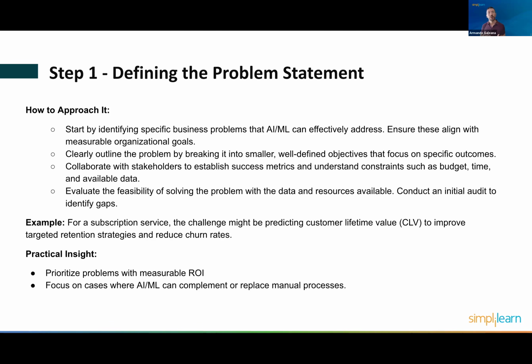Now, what is the best way to approach this? Well, first, you need to identify specific business problems, okay? What is it you want to improve? Now, typically problems are associated with increasing productivity, increasing effectiveness, efficiency, compliance, progress, and expansion, okay? So those are the typical 6 big categories of problems.